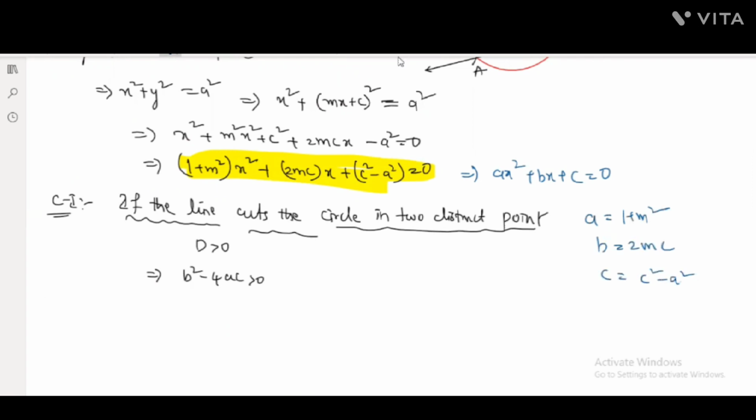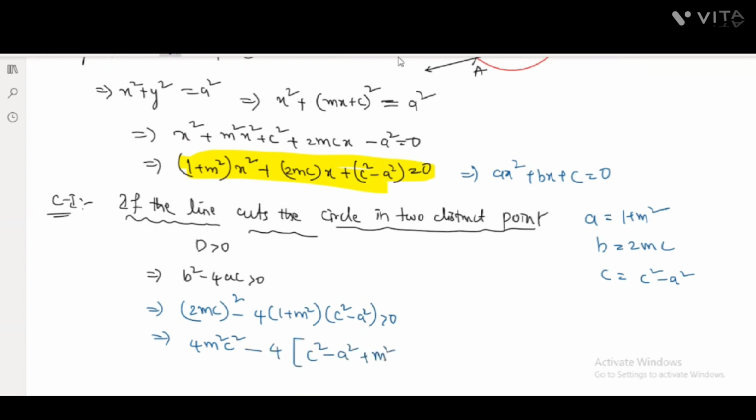Let's substitute all that here. We get 2mc whole square minus 4 into 1 plus m square into c square minus a square is greater than 0. So we get 4m square c square minus 4 times, when we multiply this inside, c square minus a square plus m square c square minus m square a square is greater than 0.